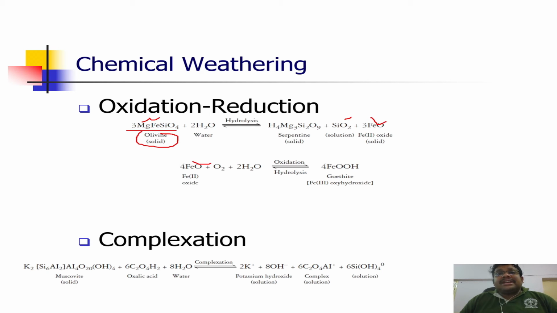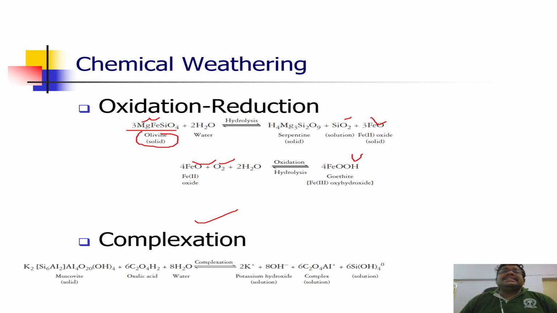These iron oxides, when they react with water and oxygen through oxidation, produce goethite, a very important iron mineral present in the soil. So you can see the oxidation process is responsible for converting these ferrous oxides to ferric oxyhydroxides, which is known as goethite.